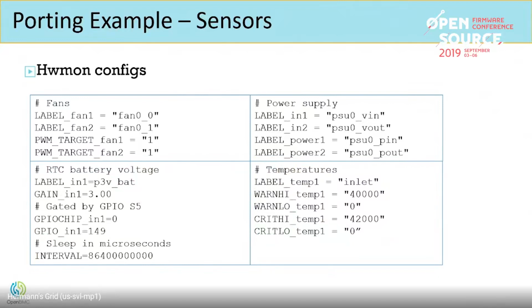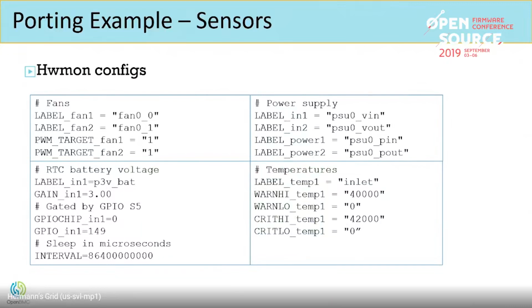This is a bit special because you see there's a label, which creates a D-Bus object. Then we have gain, we have GPIO chip, and we have GPIO, and we have interval. This is because to read the battery, we need to toggle the GPIO to read the actual voltage. Otherwise, we always read 0. So the GPIO configs are telling the hardware monitor service to toggle the GPIO before reading the value.